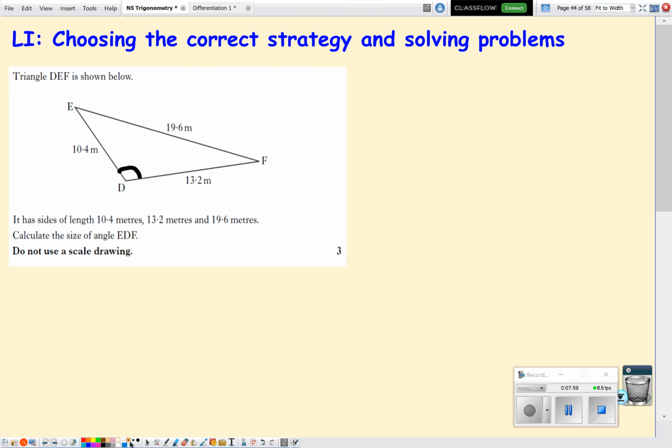Now, start running through things to rule them out. Is this an area question? No. Do I have two sides and the angle in between them? No, because I need to find this angle at D. Have I got all three sides and I'm finding an angle? Yeah, I do. 19.6, 10.4, 13.2. So I'm going to use that version of the cosine rule.